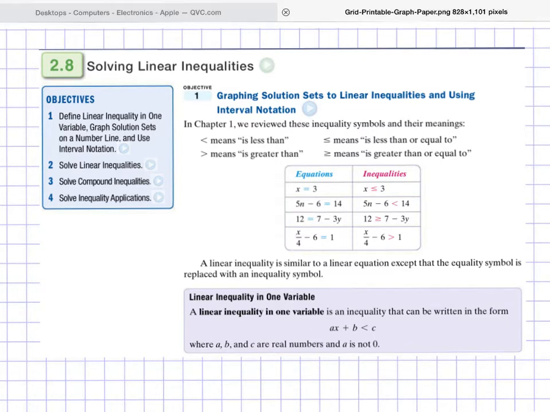X over 4 minus 6 equals 1 is an equation. X over 4 minus 6 is greater than 1 is an inequality.